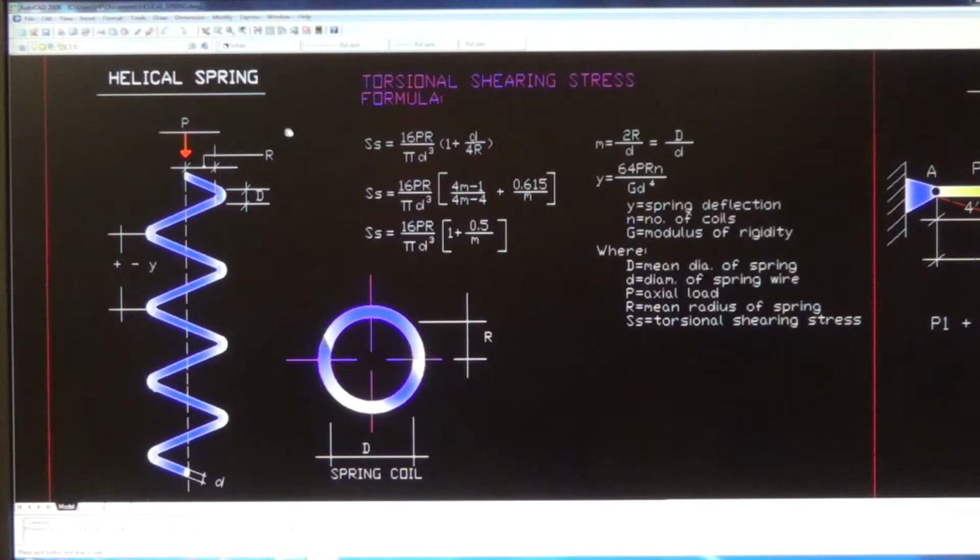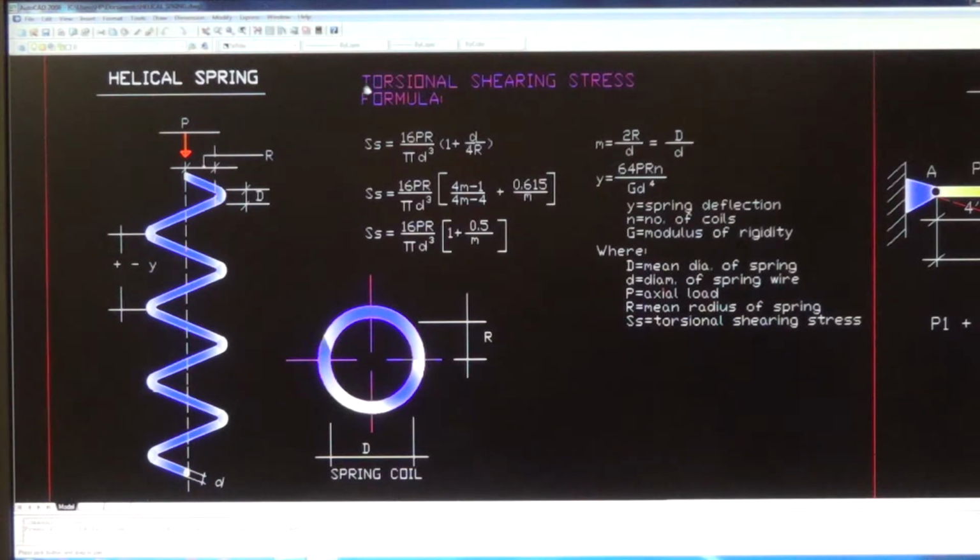Helical spring, when loaded, for example here the load is on top of the spring. When the load is applied, the entire body of the helical spring will experience a combination of stresses.